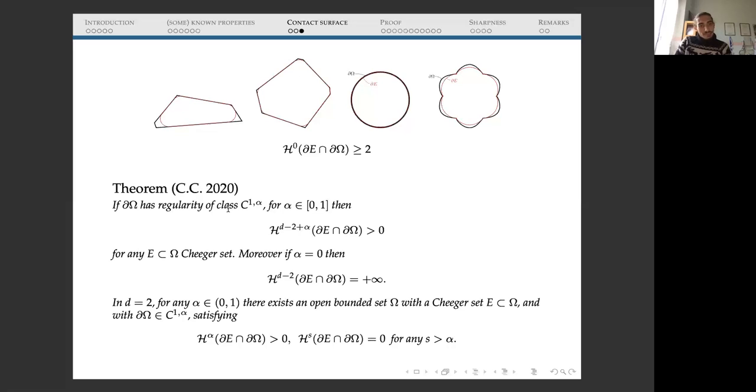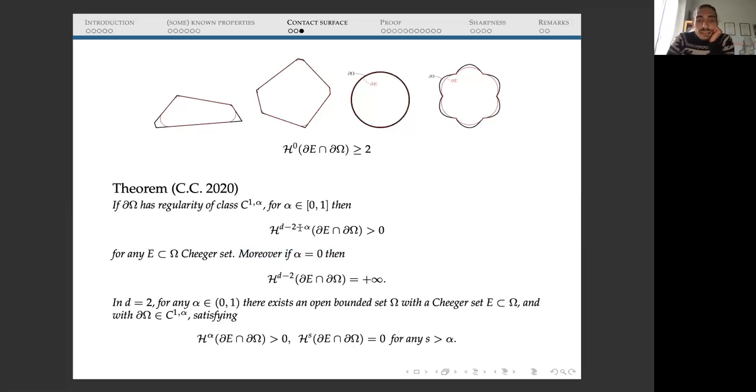And the quantitative bounds can be stated in this way. So if the boundary of omega is of regularity class C1,alpha for some alpha in (0,1), then the (d-2+alpha)-dimensional Hausdorff measure of the intersection has to be positive. And this holds for any Cheeger set of omega. Okay, so this is a stronger assertion that you can get if alpha is 0.